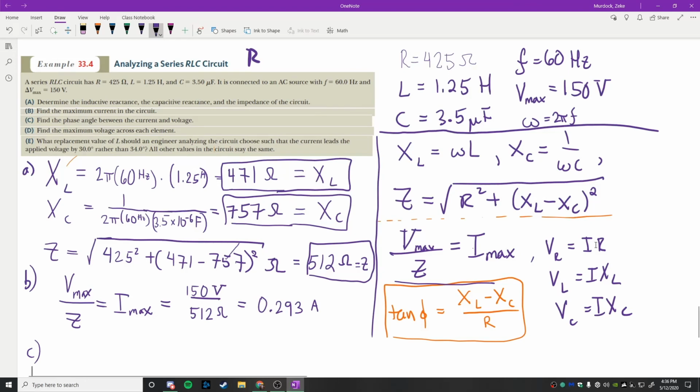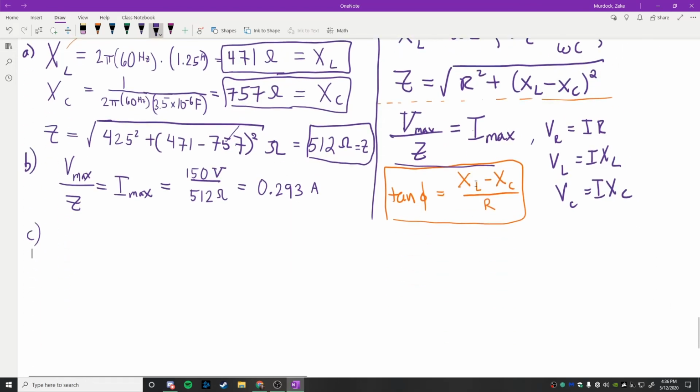Next, what is the phase angle between the current and the voltage? That's given by this expression right here. The phase angle is going to be the arctan of XL minus XC divided by R. Was it supposed to be in degrees? You can put it whatever you want, actually. We're going to do it in degrees, probably.